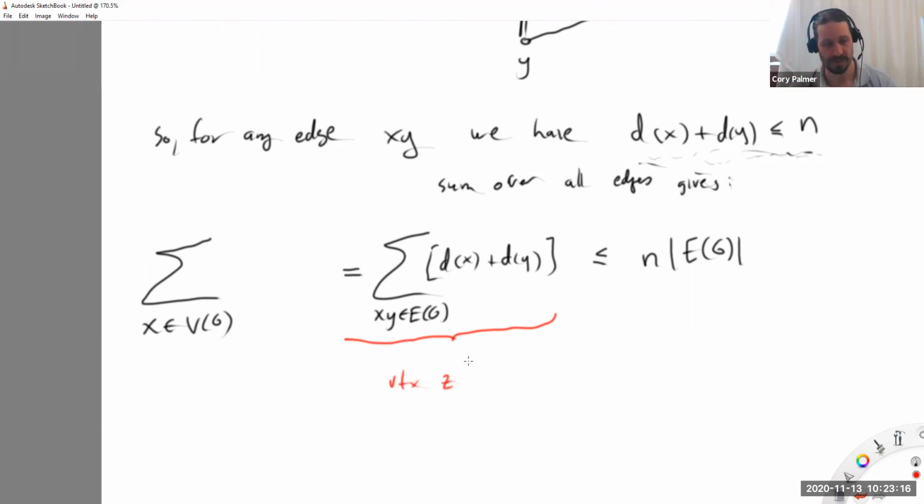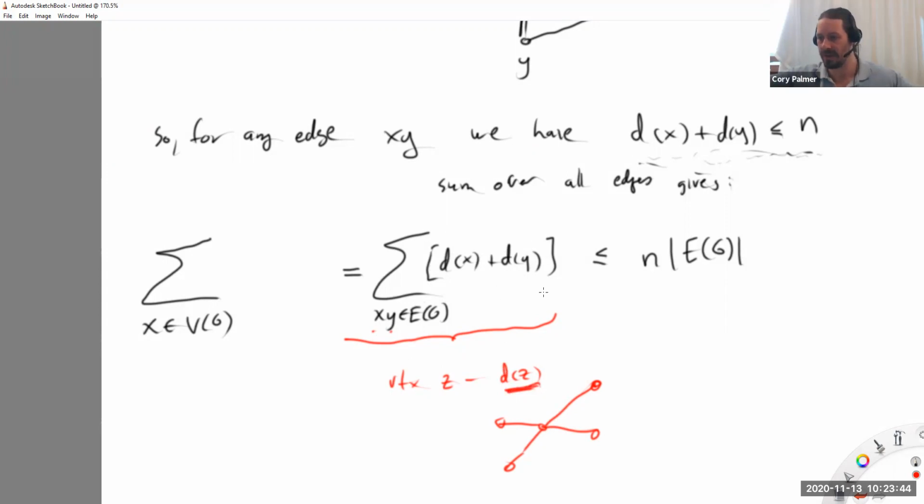D of z appears in this sum every time z is a part of an edge. For each one of these edges, the d of z and d of the other side will appear in this sum.